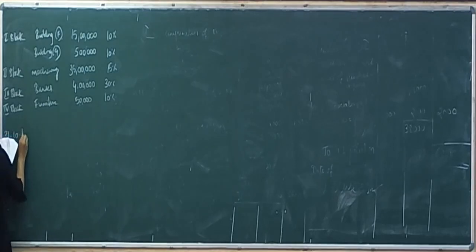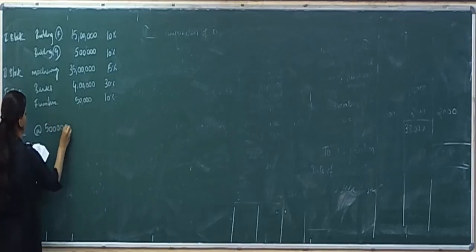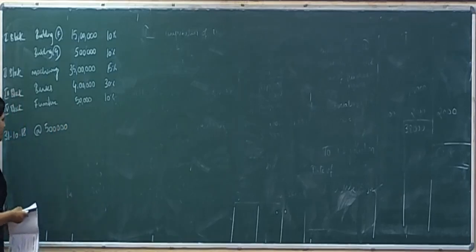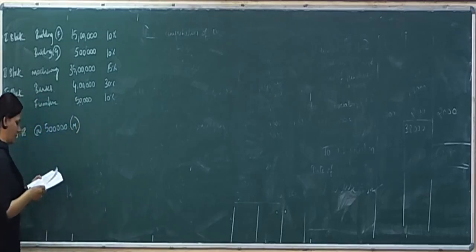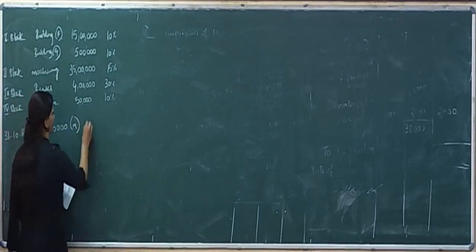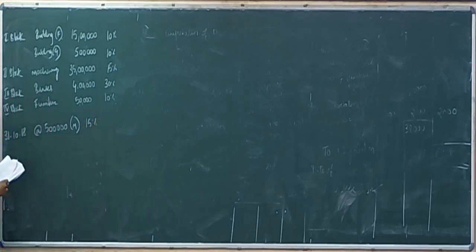Additional machinery was purchased and installed at the cost of rupees. Okay, so that is machinery at the rate of 15%.